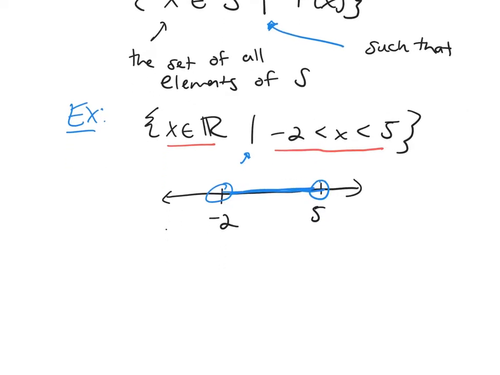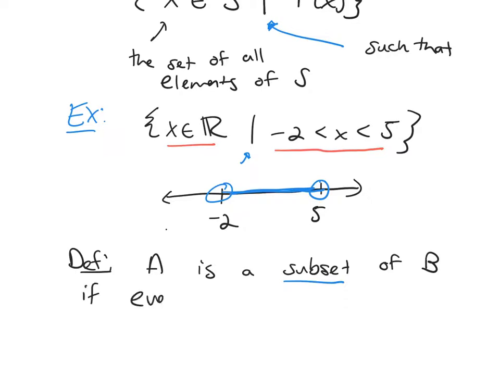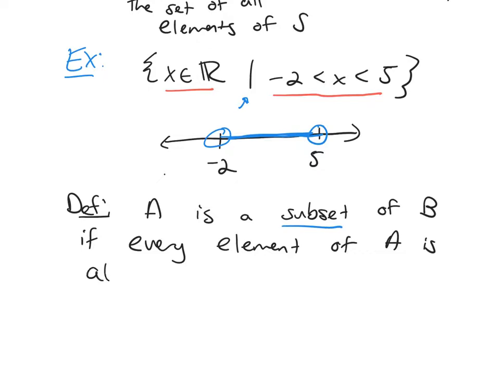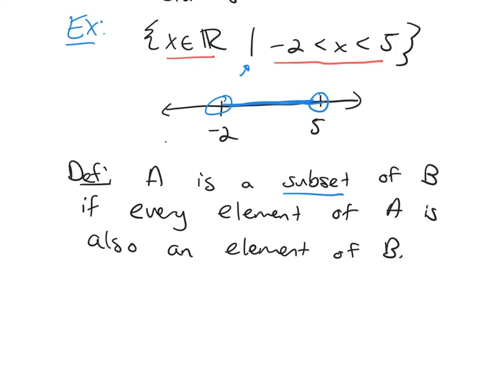So now let's talk about a subset. A is a subset of a set B if every element of A is also an element of B. And the way we denote a subset is through the following symbol, A subset B. Okay.